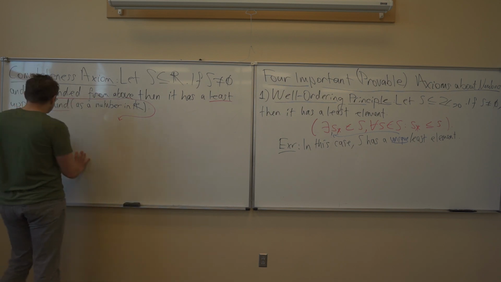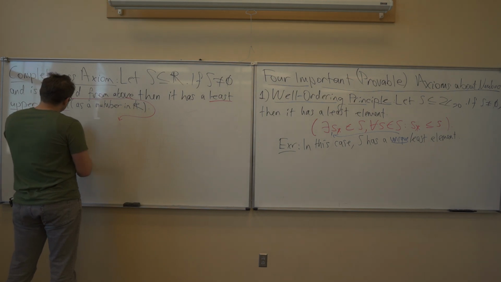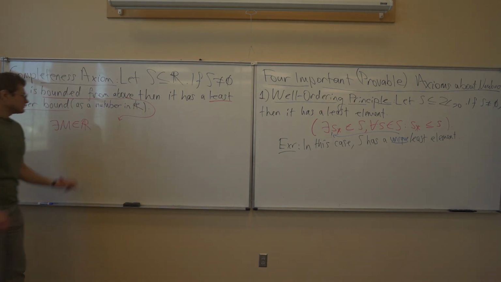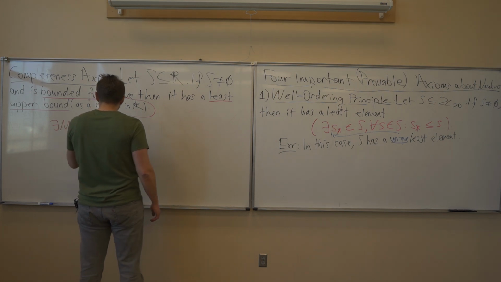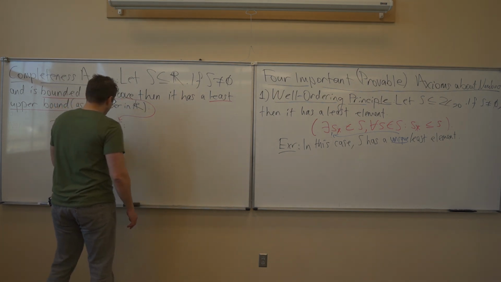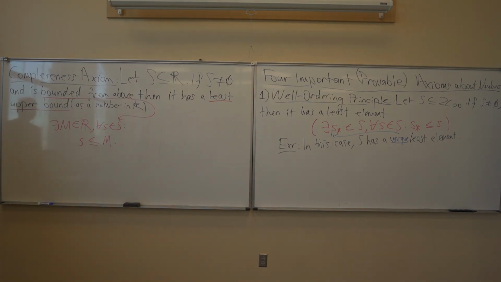So you want to say something like this. There's an M, a real number, such that for any s in S, s is dominated, that's also something that you can say, by M. That's what it means for S to be bounded from above.